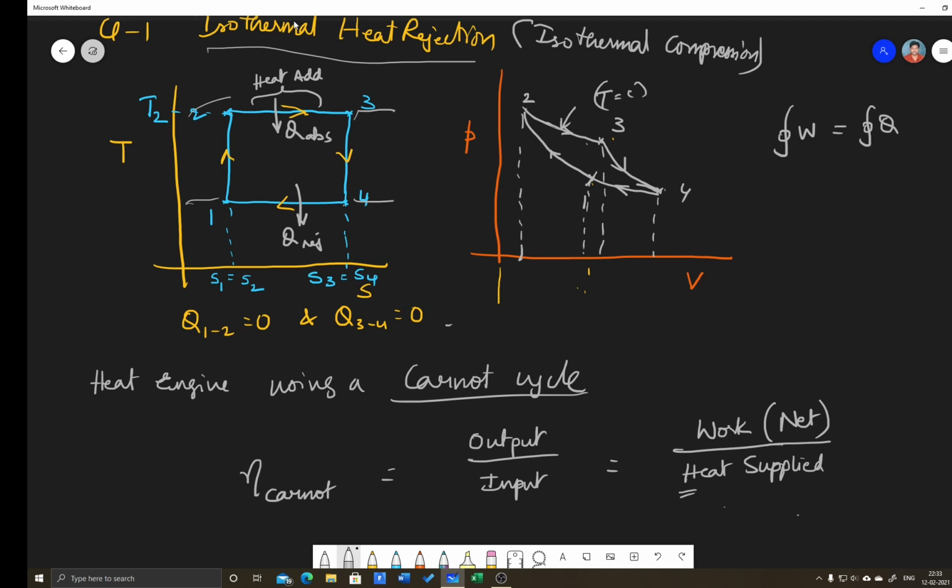During isentropic process there will be no heat transfer because it is an adiabatic process and there will be zero heat transfer. So W net will be equal to Q supplied, that is heat input, heat is supplied to the system, so Q is positive, Q supplied, minus rejected heat is negative, Q rejected.